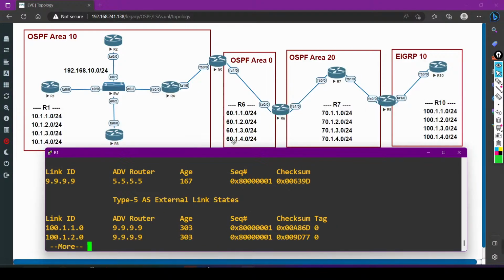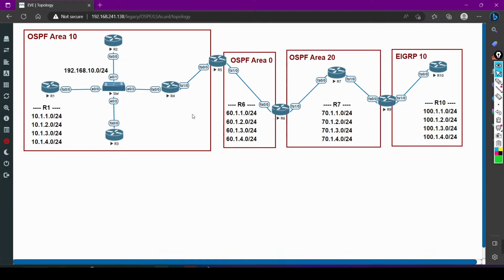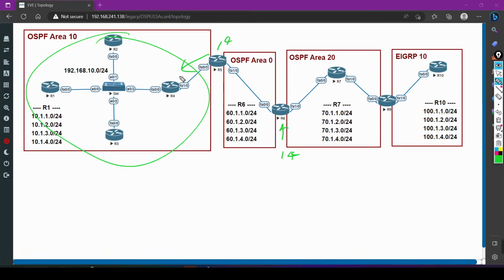LSA 4 can also not cross area. Got it, guys? So this router will generate one LSA 4, and this LSA 4 will be flooded in this area. And this is how all these routers will come to know about the ASBR.